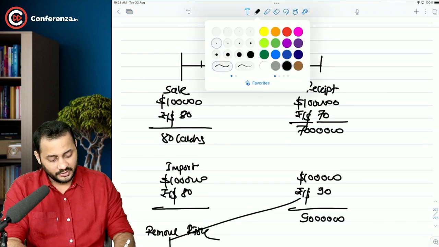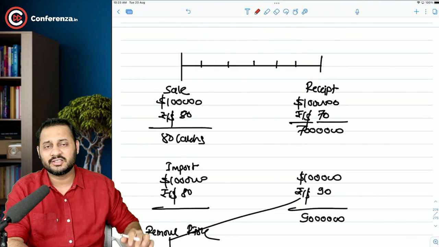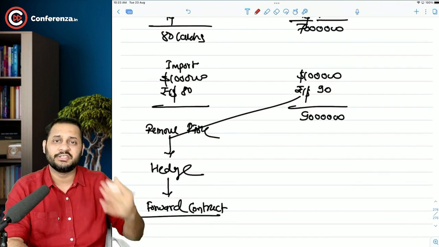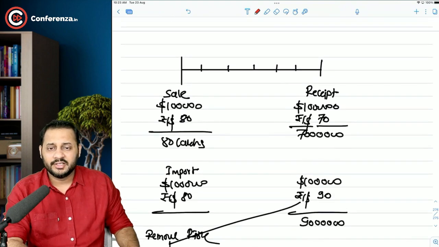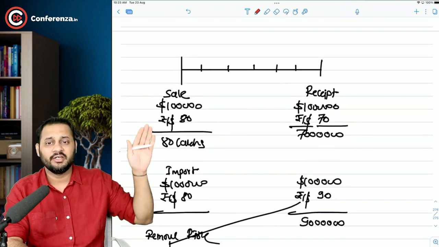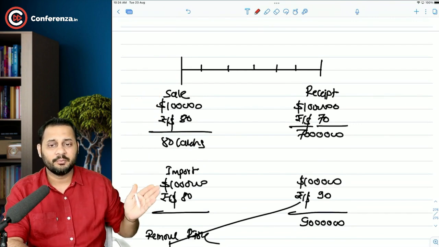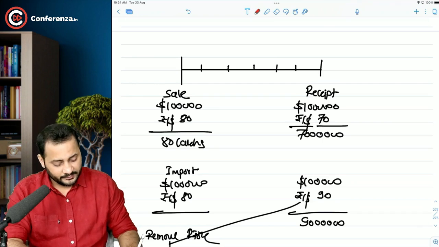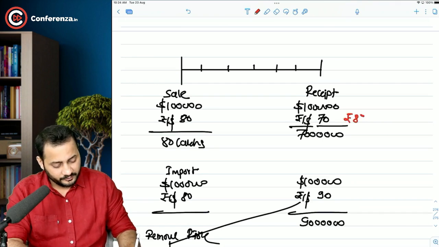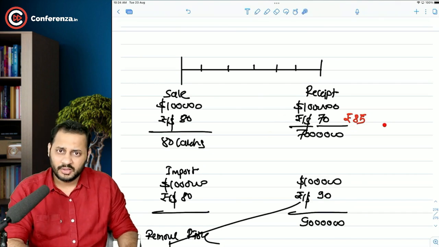Let's say you have completely instructed your staff that all the foreign currency transactions should be hedged immediately on the same day. What will happen? This is a good policy when you expect the exchange rate to go down in case of sale and go up in case of import or purchase. But what if you are expecting the market to go up? Sometimes the market can go up.